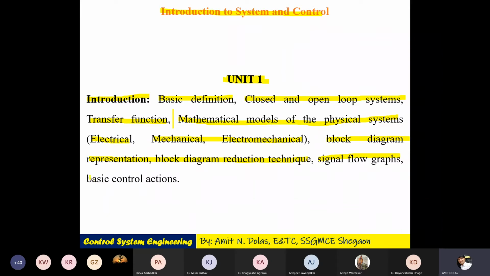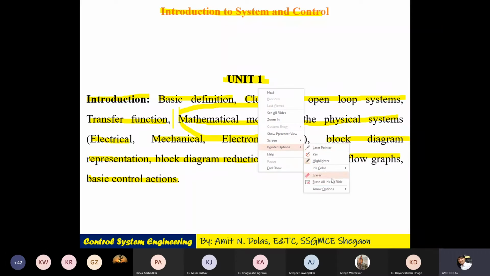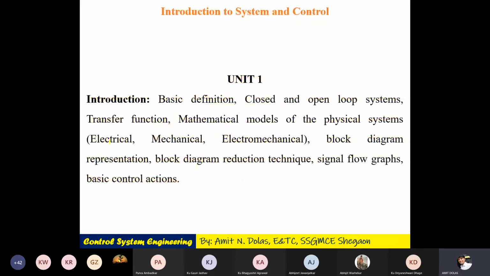Okay, basic control action is similar whatever we have seen till the time. So we will start with the mathematical models. Now here your attention is required because we are learning electrical and mechanical system as well. So you have to be a little bit known to Newton's law of motion.